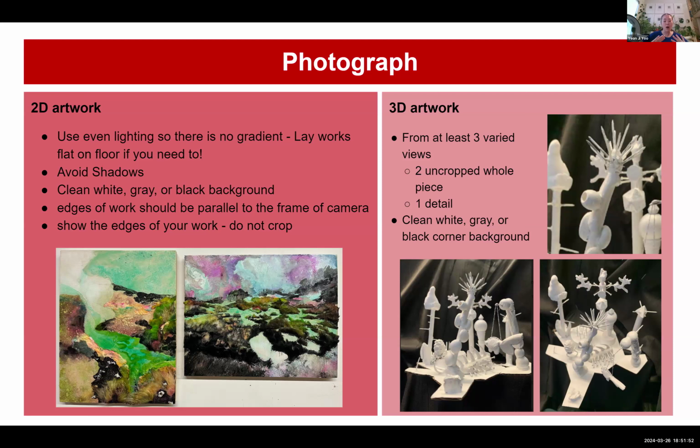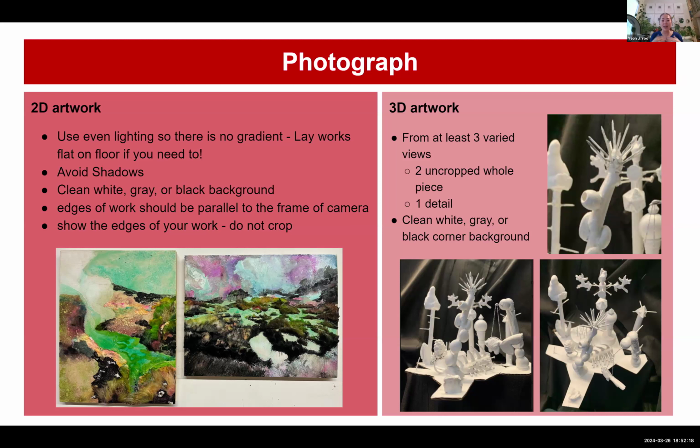Make sure that the wall behind you is a clean white, gray, or neutral black background. Make sure there is even lighting, no gradients. If you don't have camera lights or good lighting, no matter where you hang your work, the light tends to come from the top right and it gets darker as it goes down, away from the light.